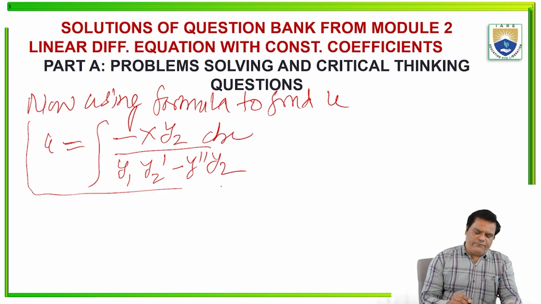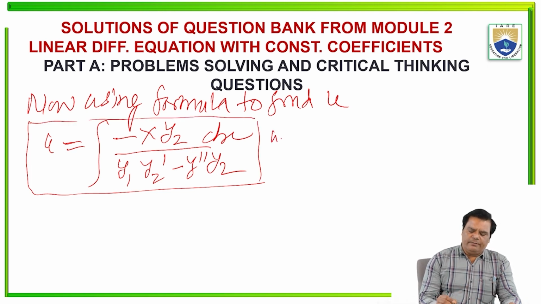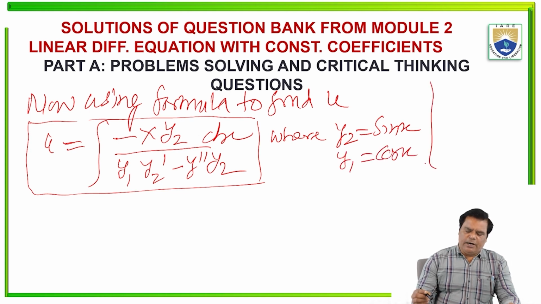This is the formula for finding u, where y2 equals sin x and y1 equals cos x.